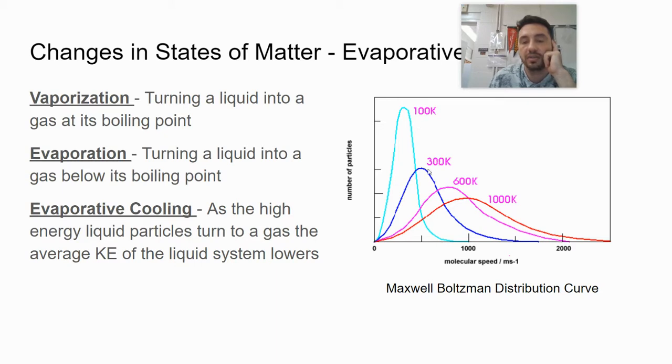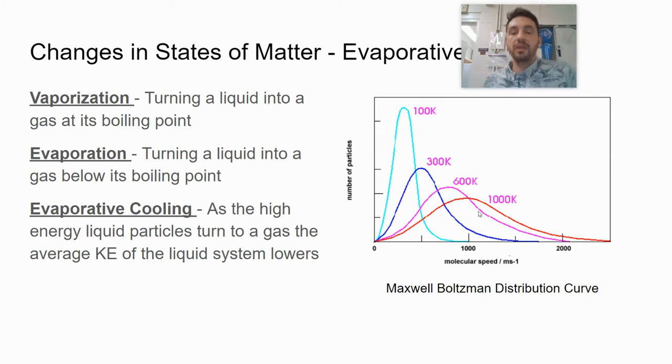Well, actually, 300K is more like a little bit above room temperature. So 300K is pretty warm, and there are some molecules that have sufficient kinetic energy to turn into the gas phase.